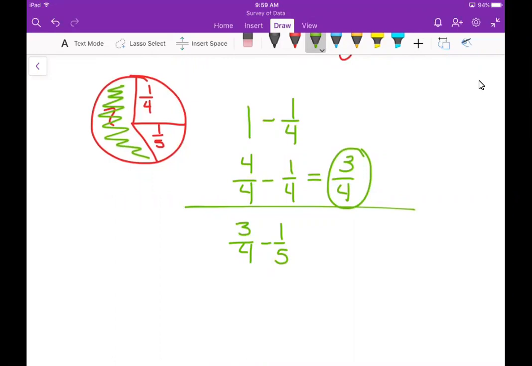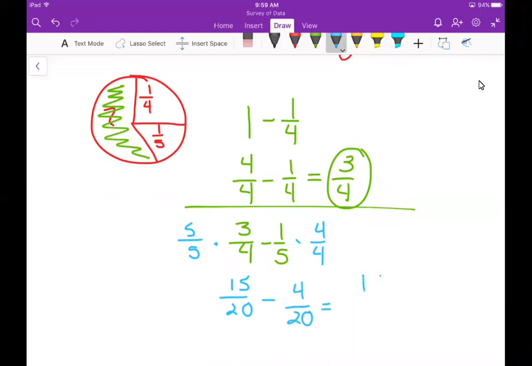In order to complete this, we're going to need a common denominator. That least common denominator would be 20, so we need to take 3/4 times 5/5 and 1/5 times 4/4. That'll give us 15/20 minus 4/20.